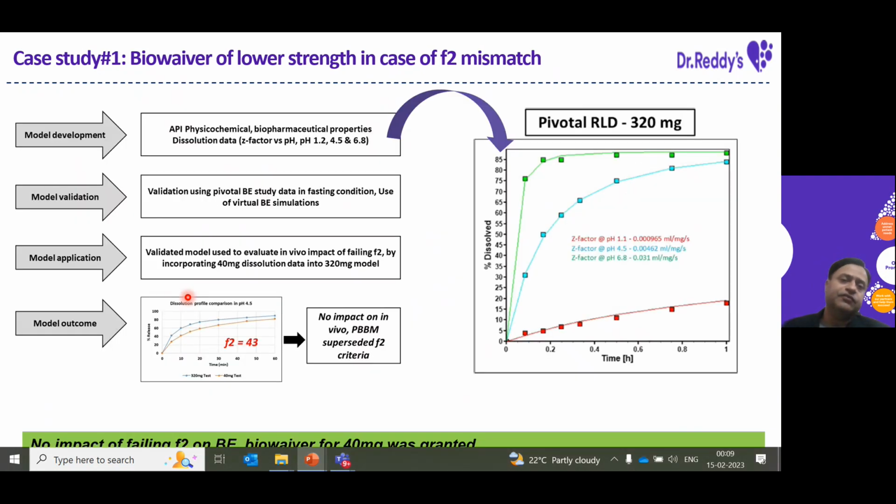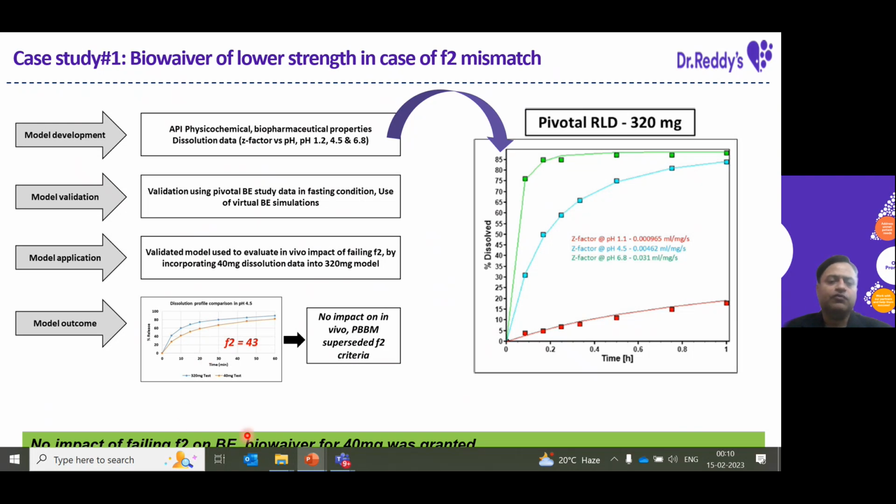As you can see in this slide, we followed the traditional approach here, which is the model development. We validated the model using the pivotal BE data in fasting conditions, used virtual BE simulation, and then for model application, we used the dissolution profile of the 40 milligram in the 320 milligram model, and proved that there was no impact under in vivo conditions in spite of having a difference between the lower strength and the higher strength.